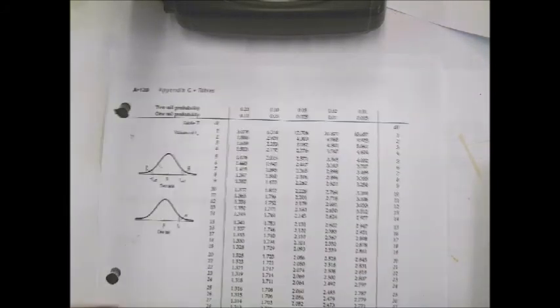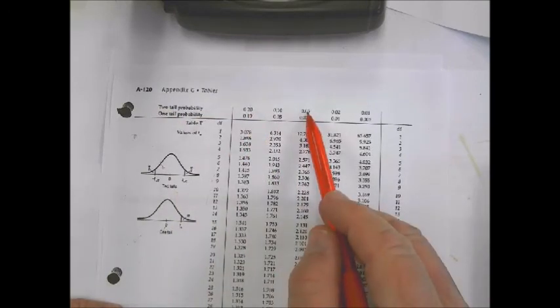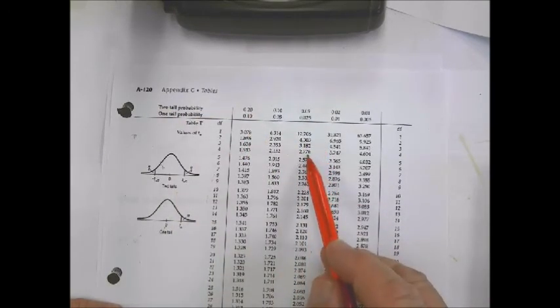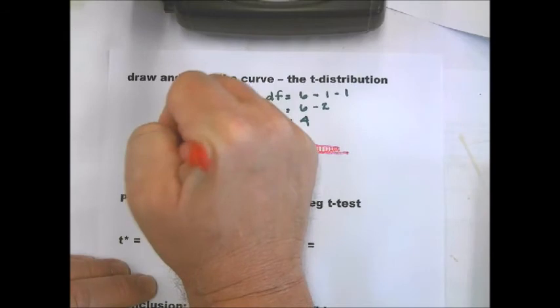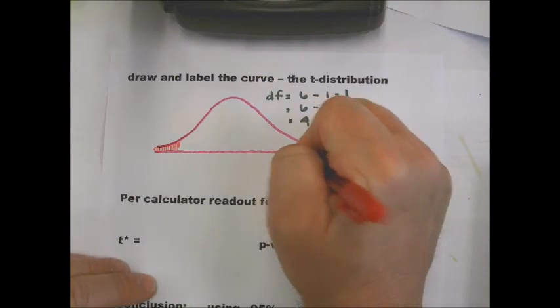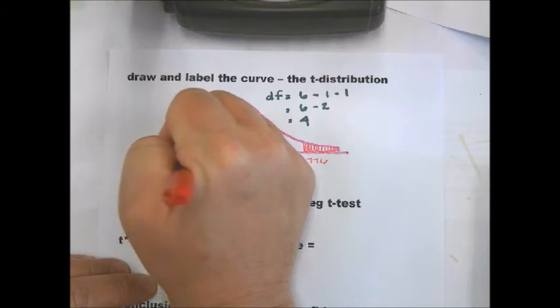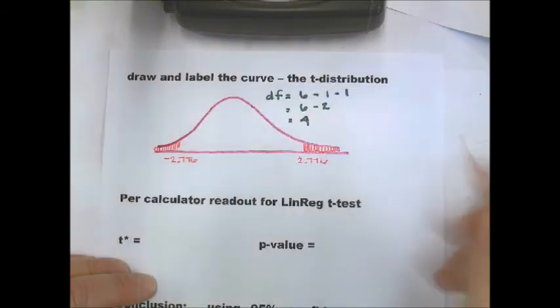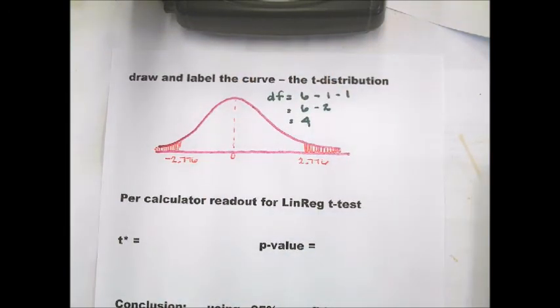So on the t-curve, at 0.05 with a two-tailed probability, the critical points are plus and minus 2.776. So there's rejection area up here. It's a two-tailed test. So my critical points are 2.776 and negative 2.776. Because remember, 0 is sitting right there in the middle.